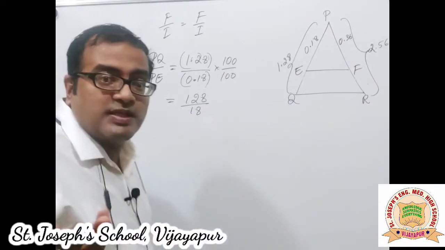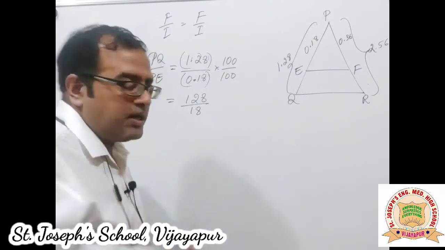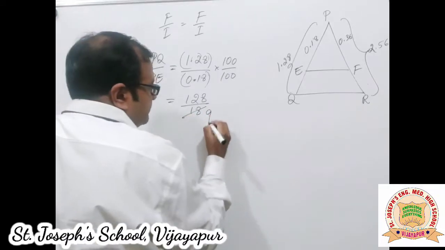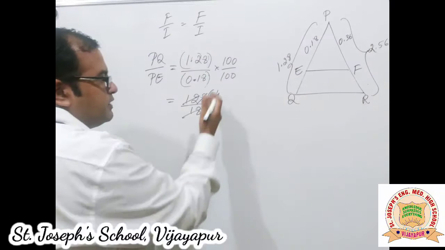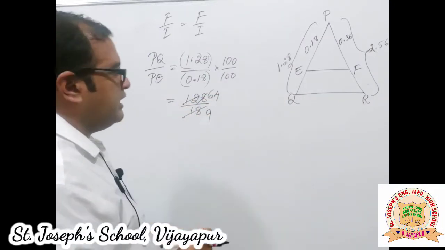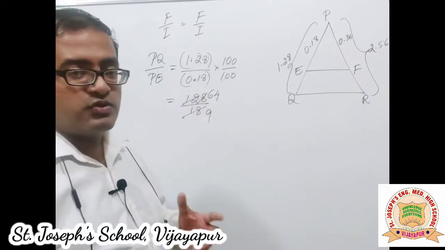So the simplest method, you can always start with 2. If you are good at tables, use a bigger number. Okay, 2 9s are 18, 2 6s are 12, 2 4s are 8. 64 upon 9. They don't divide, so common factors you don't find there.